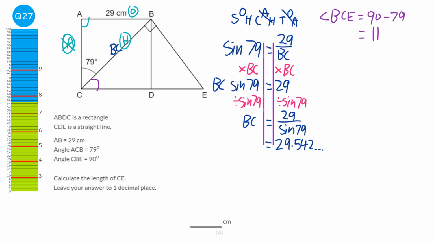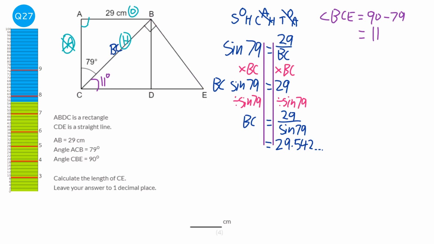And that's going to be 11. So we know this is 11 degrees here. And we have enough information now to work out CE, because we've got this triangle here, and we've got this length here, the BC, and we've got this angle here. So we've got enough information now.